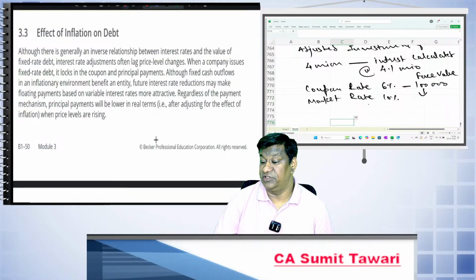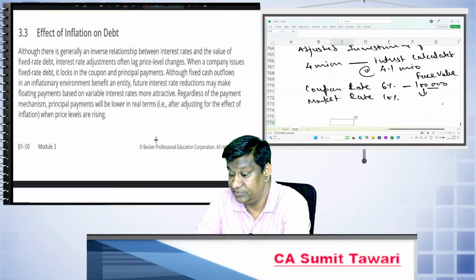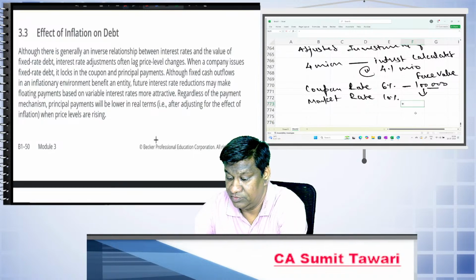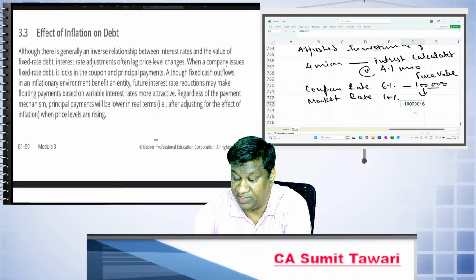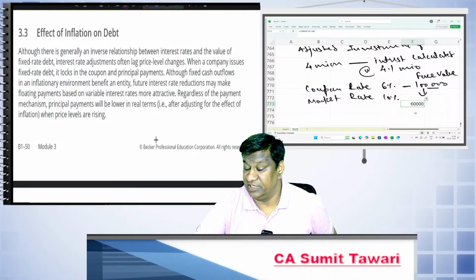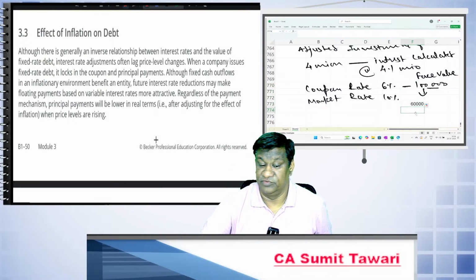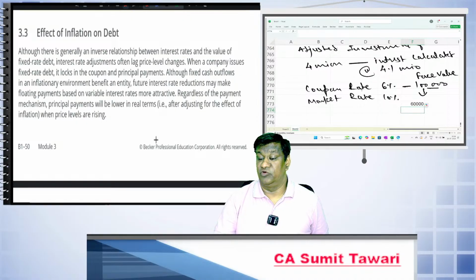So what is the market value of this investment? It is basically 100,000 multiplied by 6% divided by 10%, which is less than the face value. So always, if the market rate is more than the coupon rate, that means the value of the investment goes down.